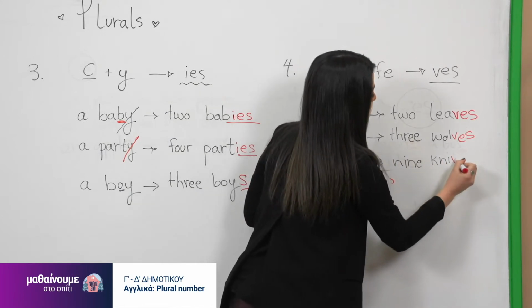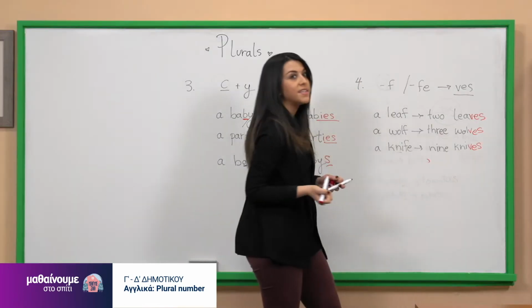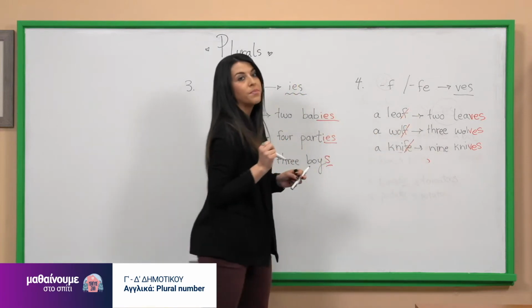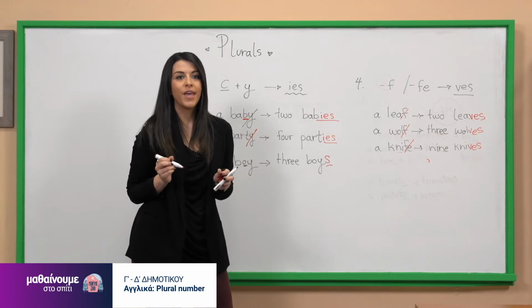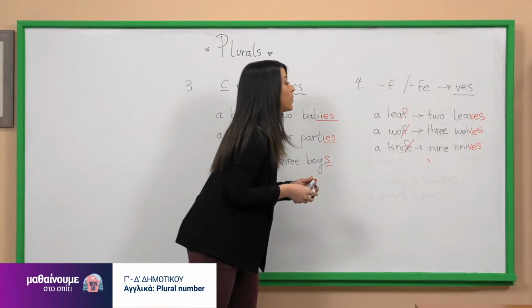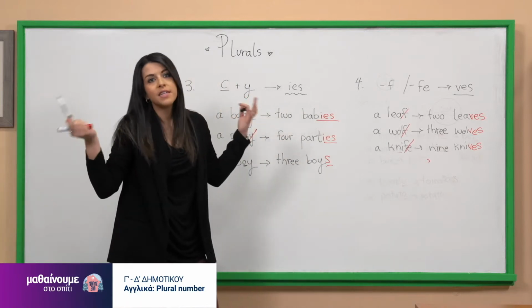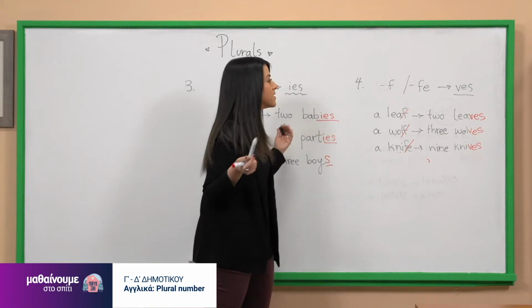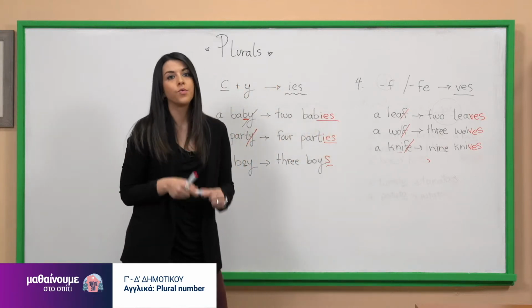So we add this in the end. And of course, we erase this. We don't use it, and we put VES, okay? So let's see, a leaf, 2 leaves again, a wolf, 3, 4, 5, 6 wolves, and a knife, 9 knives. So these are the 4 basic rules.